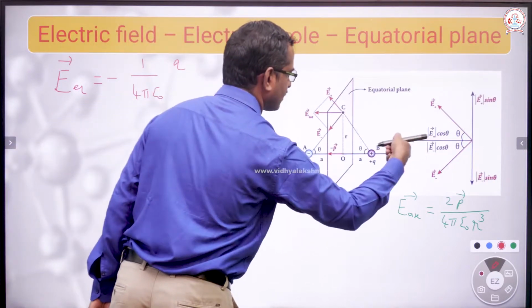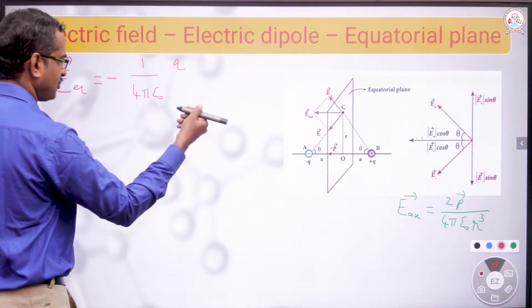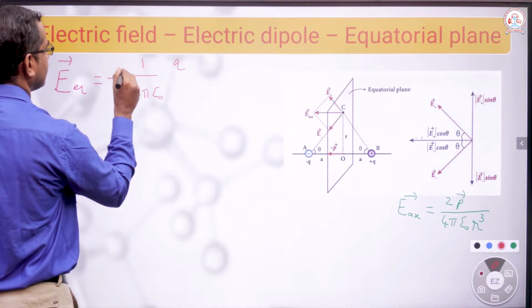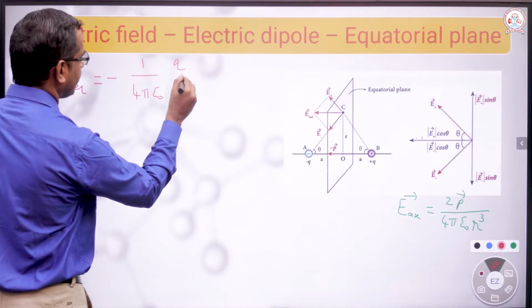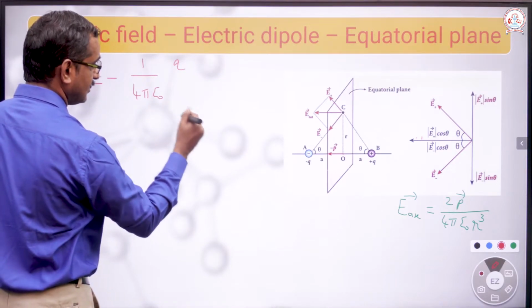The resultant is acting along this direction as the cos theta components can be added. As the magnitudes are the same, you can just add these two: q divided by 4 pi epsilon naught and the square of the distance.